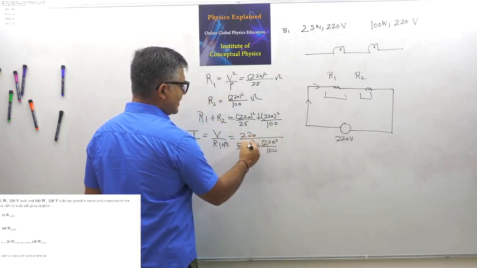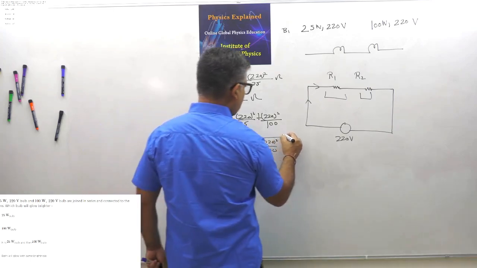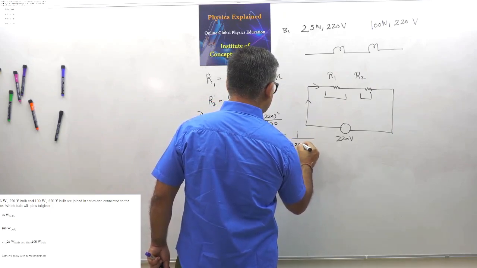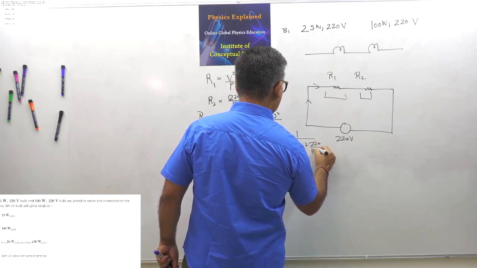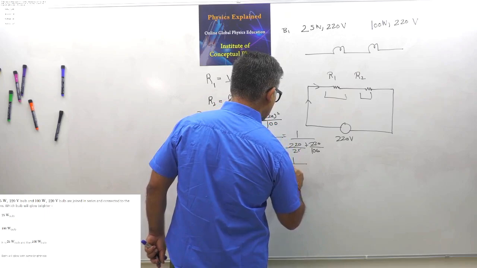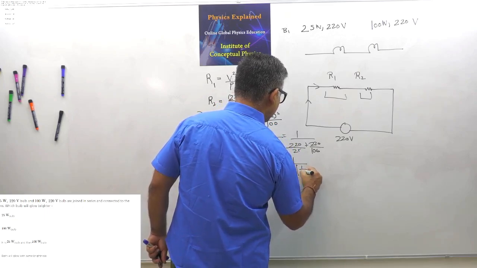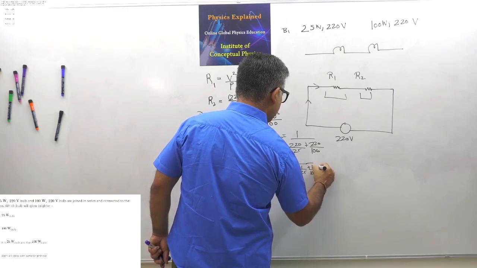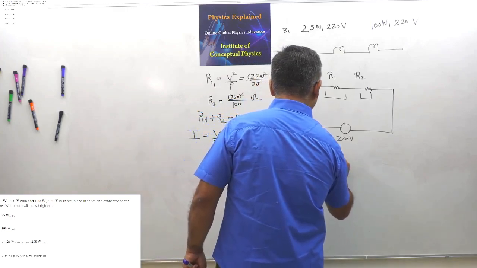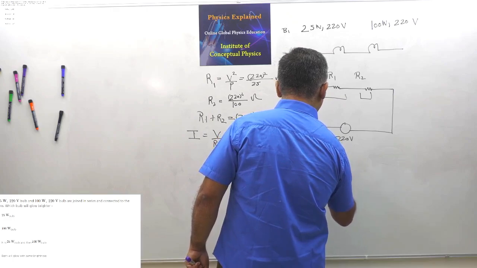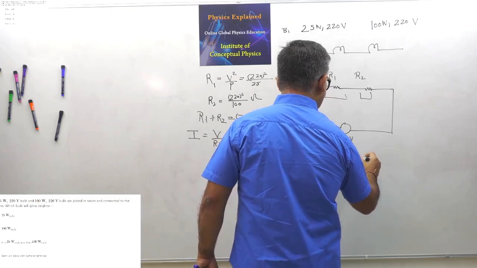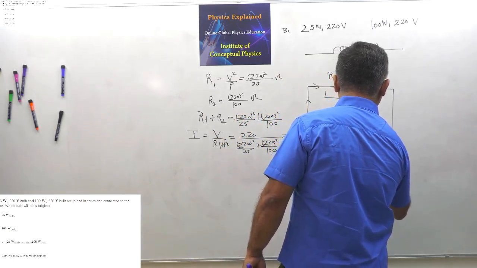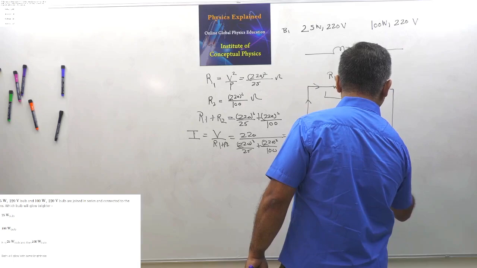So 220 gets cancelled. So this 220 square, you're left with 1 divided by 220 upon 25 plus 220 upon 100, which is 1 upon 220 times 1 by 25 plus 1 by 100, which is 2500 divided by 220 times 100 plus 25, which is 2500 divided by 220 multiplied by 125.